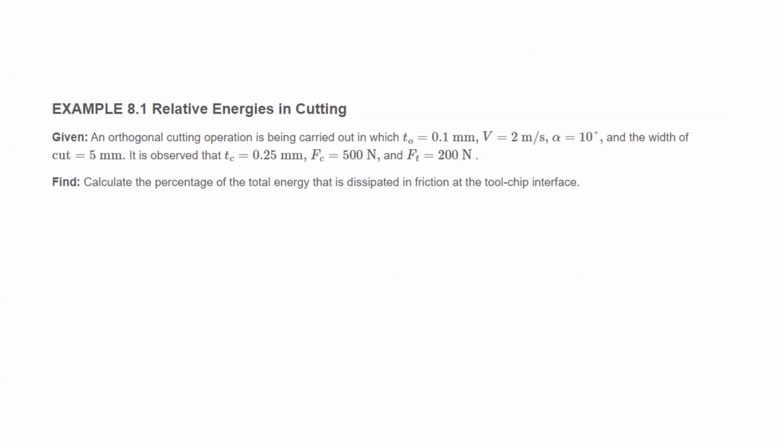So based on the Pythagorean theorem, R equals the square root of FT, the thrust force, squared, plus FC, the cutting force, squared. You just plug in: FT is 200 and FC is 500. So this gives us 538 Newton. This is my total R.